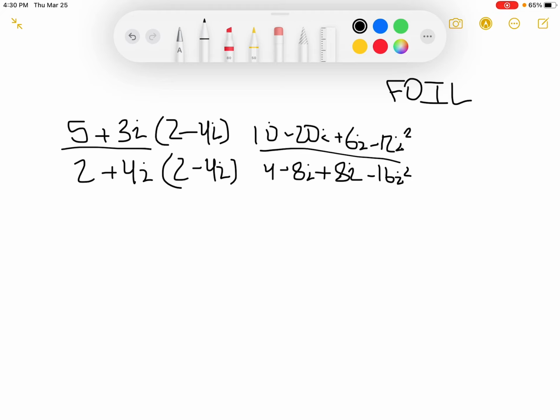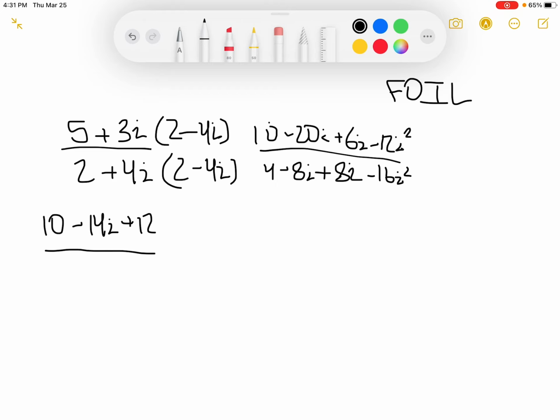So now we simplify this over here. We have 10 still, then -20i plus 6i is going to be -14i. And then remember, i squared means -1, so now that's -12 times -1, which is just +12.